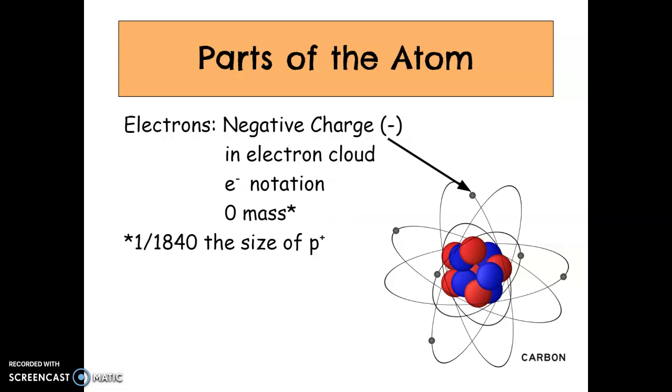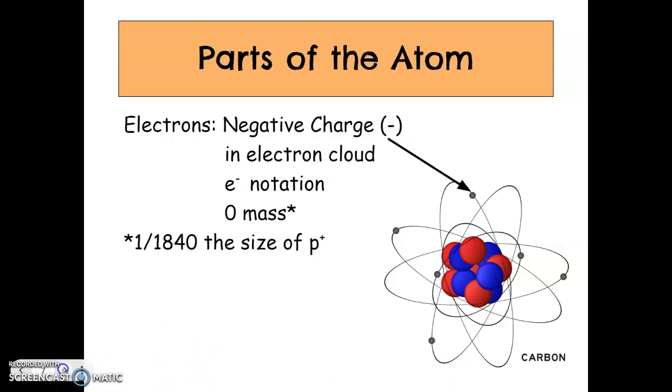It's 1 over 1,840 the size of a proton, so it's a fraction of what a proton's mass would be. They're so lightweight we don't even consider them to have mass. That's why most of the mass is in the nucleus, because our protons and neutrons do have mass, that 1 AMU, but we don't consider electrons to have a mass.